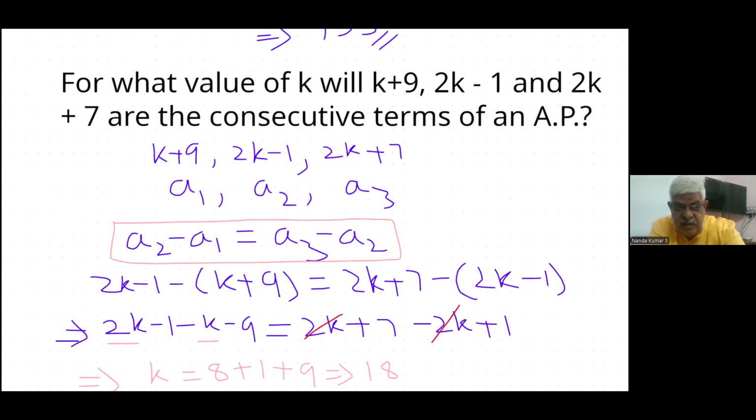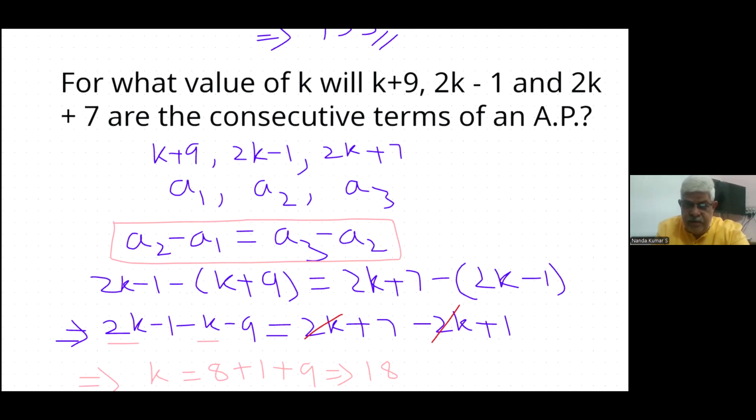So I take k plus 9 as a1, 2k minus 1 as a2, 2k plus 7 as a3, and recall the general form of finding the common difference in an arithmetic progression: the difference of the second term and first term, and of the third term and second term.